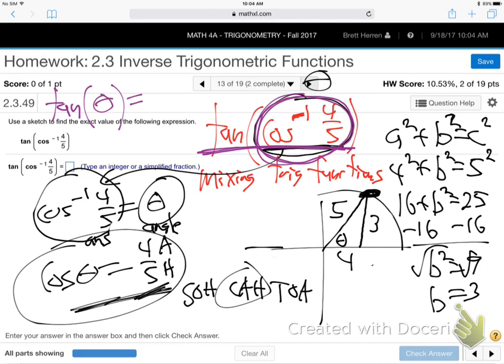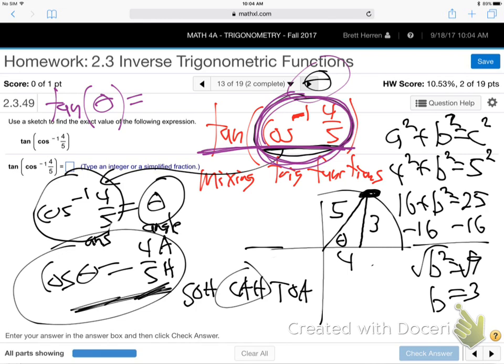Theta. Our question is really, what's the tangent of theta? Because the whole cosine inverse 4/5, I said, you're called by the name theta. That meant all this triangle stuff. So tangent of cosine inverse is tangent of theta. They're really asking, what's the tangent of theta?